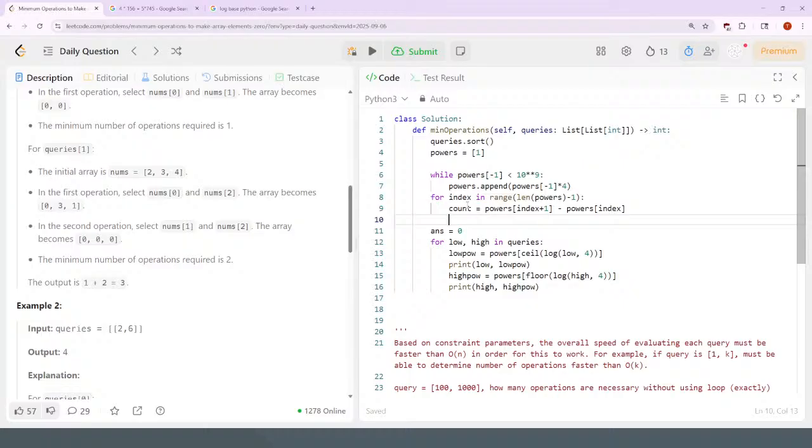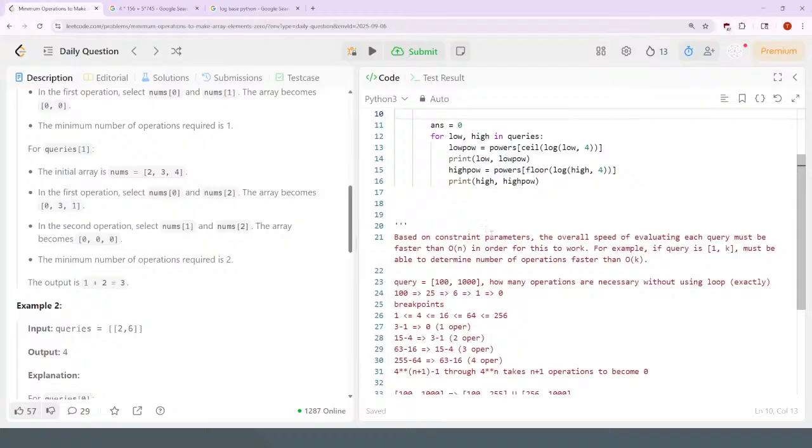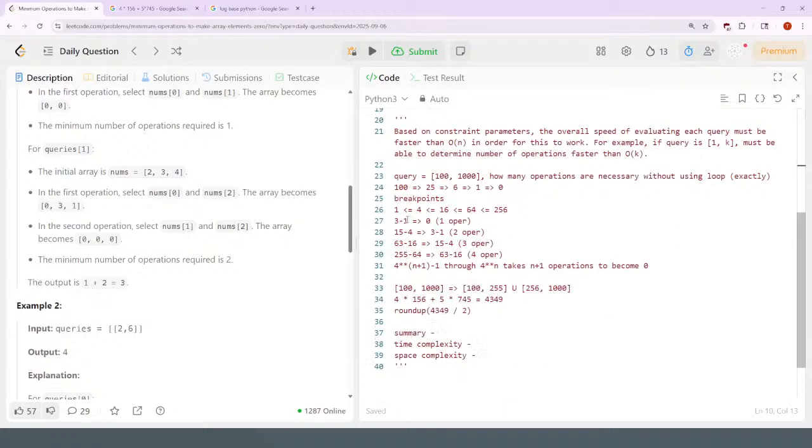And then each of those values will have the same number of operations, and that number of operations is equal to the power of the first.